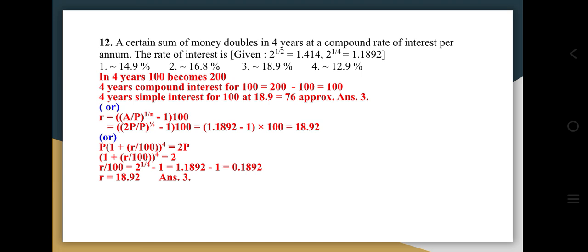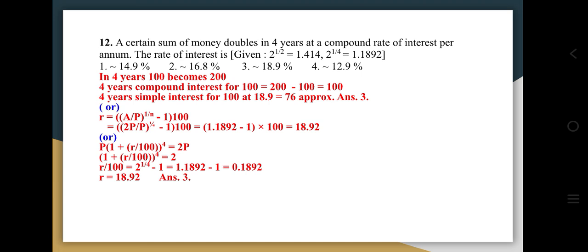So the answer is 18.9, because if we calculate 4-year simple interest for 14.9, 16.8, 12.9, the amount will be very small. So we can guess the answer is 18.9%.